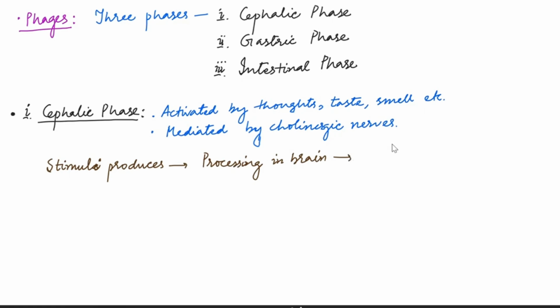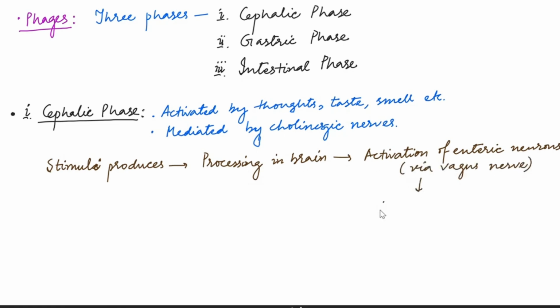After processing, the brain activates the enteric neurons, which act via parasympathetic preganglionic neurons traveling in the vagus nerve, which causes acid production.